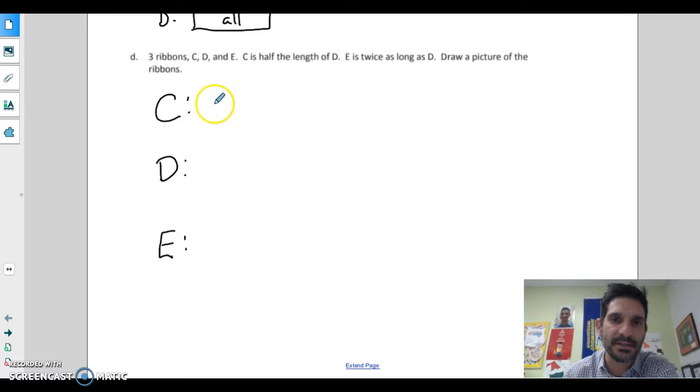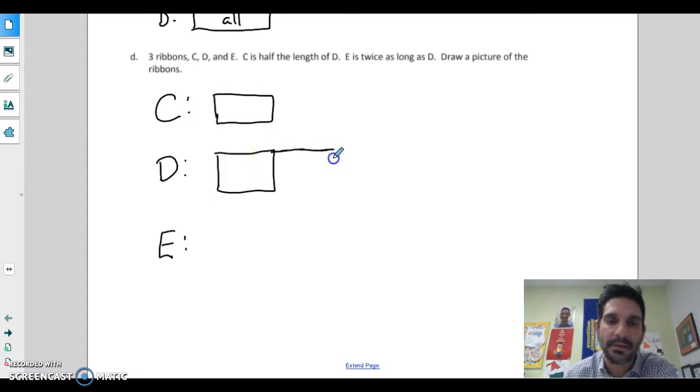I know if I draw C, C is half the length of D. So if C's here, and it says C is half the length of D. So that must mean, because C is half the length of D.